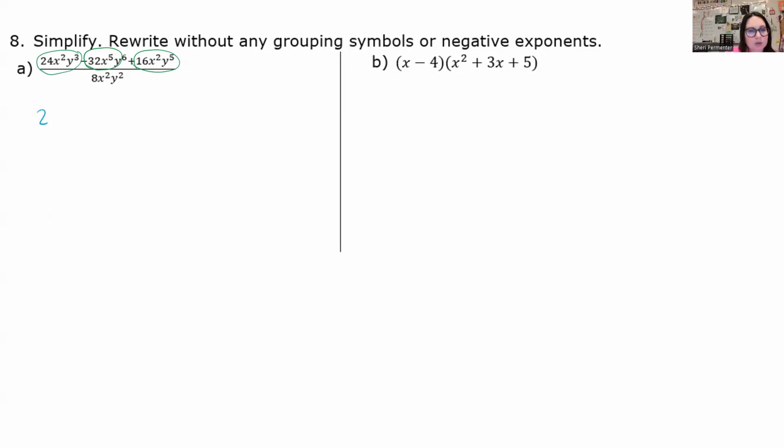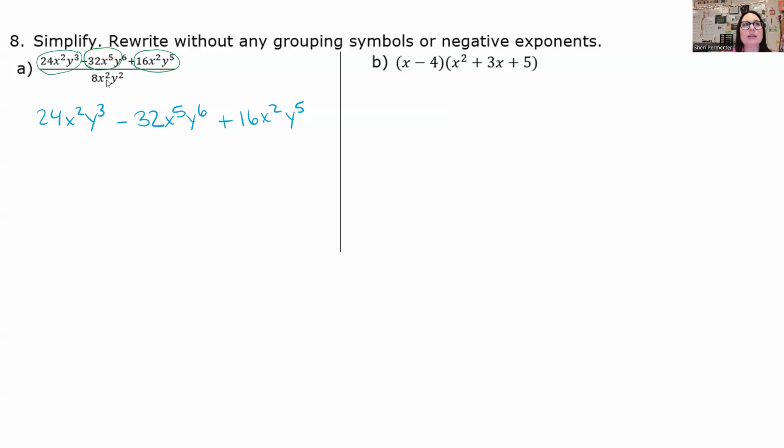So I have 24 x squared y to the third minus 32 x to the fifth y to the sixth plus 16 x squared y to the fifth. All I did was rewrite the top.